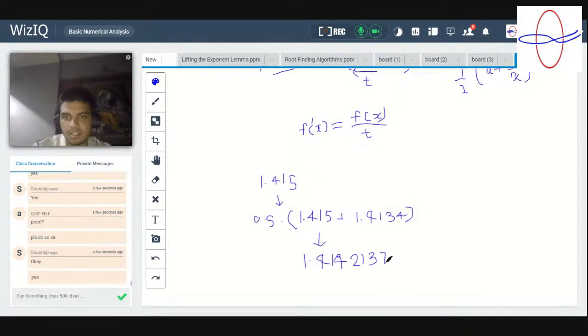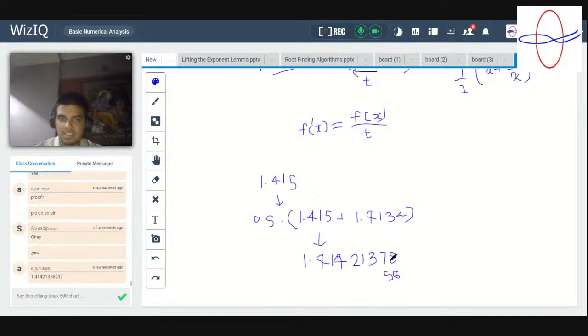789 something, 78 blah blah blah. And this is extremely close to the actual value of square root of 2. I think it's 6 digits correct. 41421, so the actual value differs by less than, sorry, 2 upon 10 raised to 1 2 3 4 5 6 7.